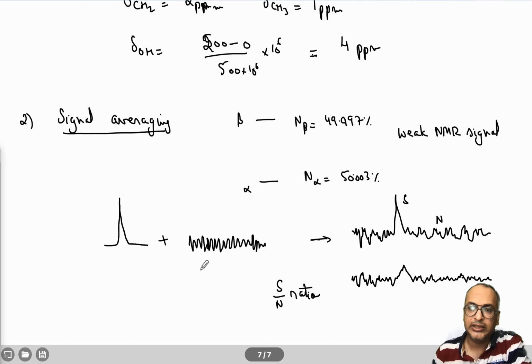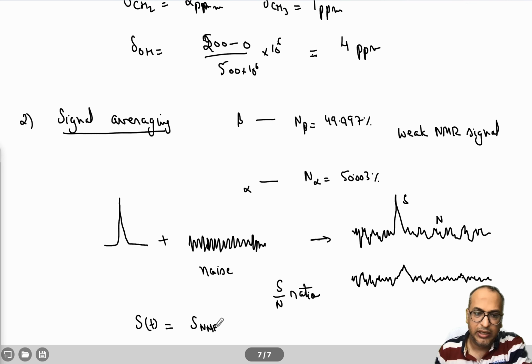That hiss sound is nothing but noise. Mathematically, you can write the overall signal as S_NMR, which is the signal part, plus S_noise, which is the noise part.